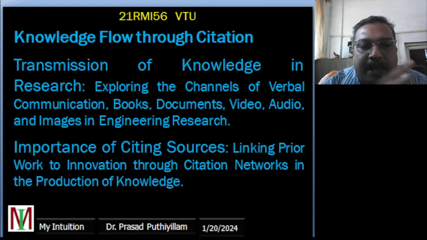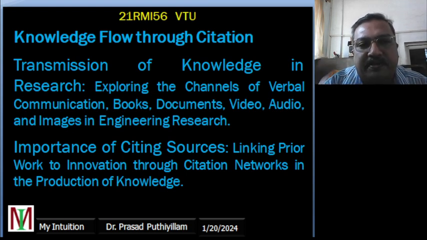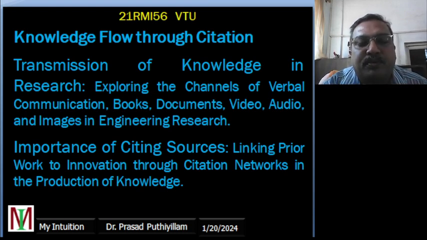Knowledge flow can happen between co-authors if they are collaborating. If two or three authors are doing collaborative work, there is a knowledge flow because one author is an expert in one research field and the other is an expert in another field, so they share their knowledge, talk to each other, or read the books and articles which they publish together.